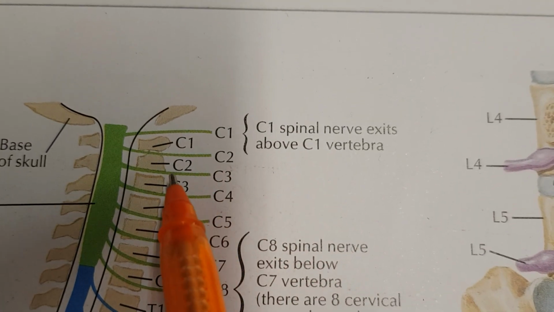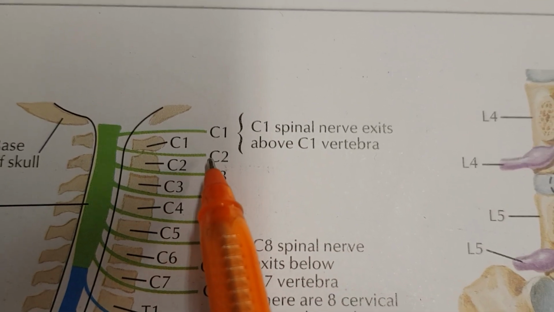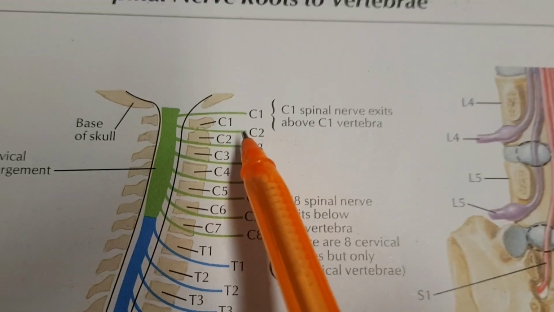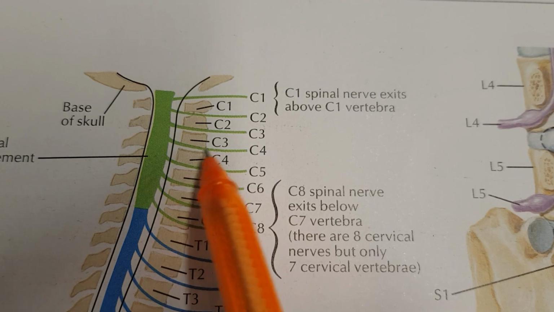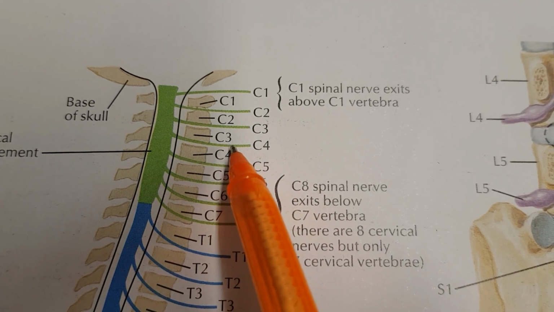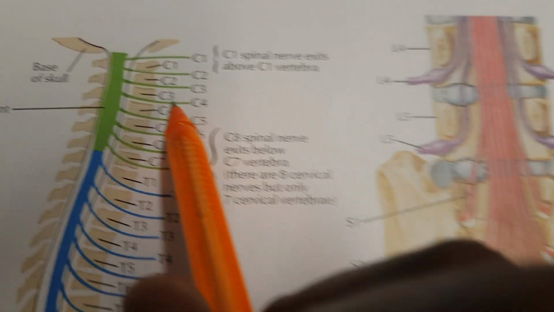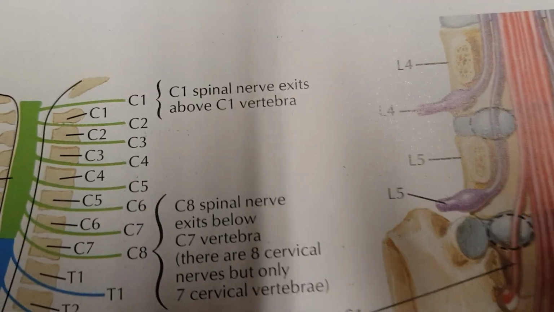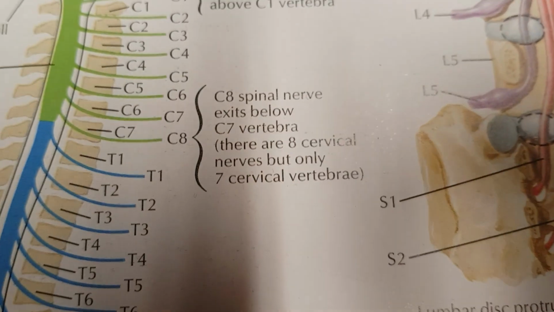But when you test C2, it is upper cervical extension. C3 is cervical side flexion, right? You test side flexion.